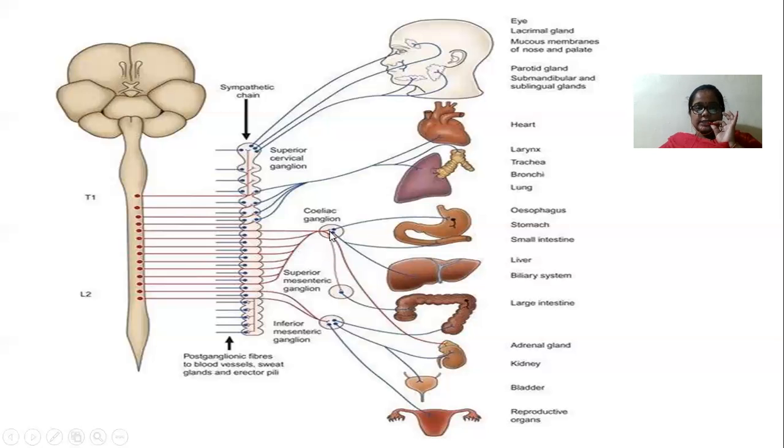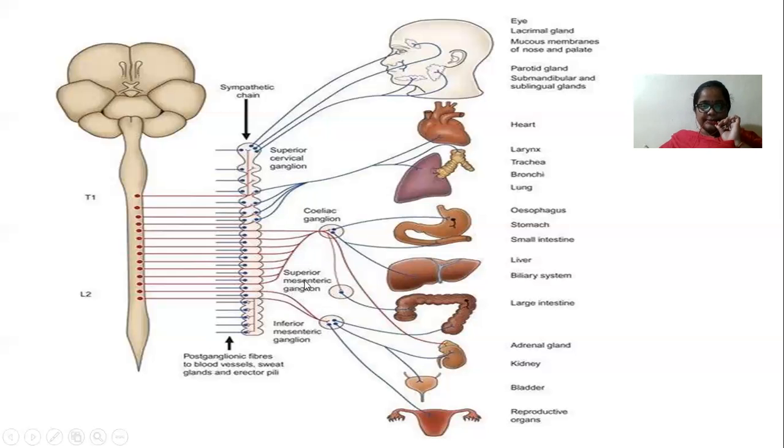It includes the celiac ganglion, the superior mesenteric ganglion, and the inferior mesenteric ganglion. Don't confuse them with the superior, middle, and inferior cervical ganglia.